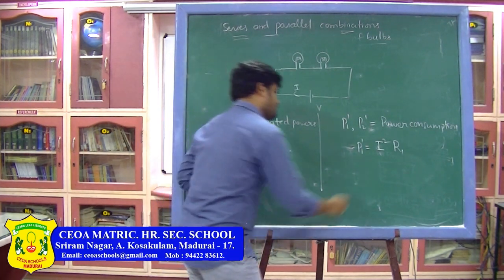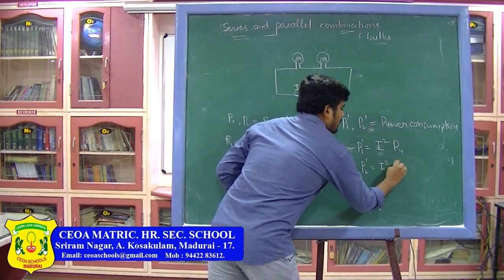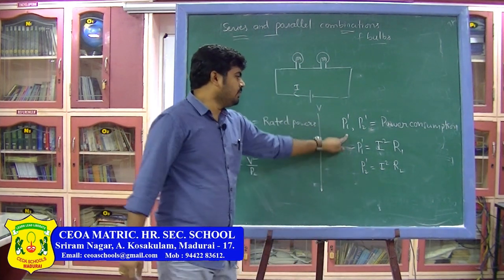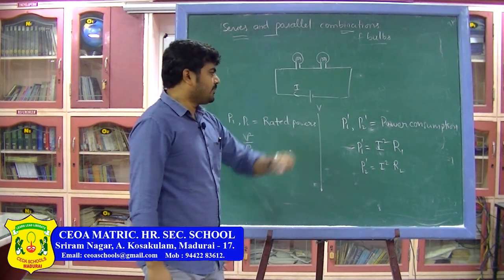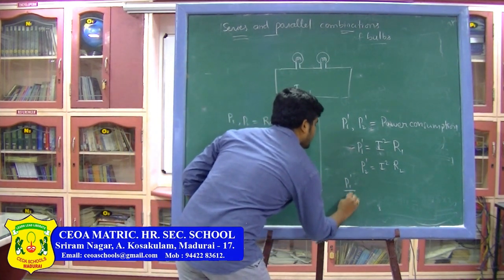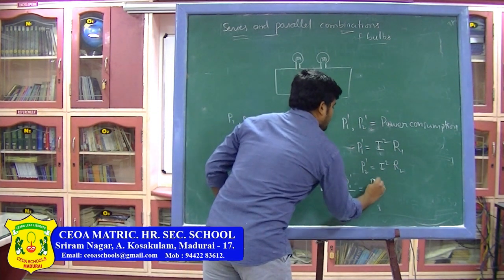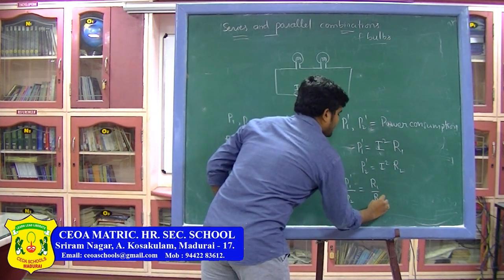Similarly, the power consumption by the second bulb, P2 dash, is equal to I square R2. Now take the ratio and compare the power consumption by both bulbs. P1 dash divided by P2 dash is equal to, I square will cancel, you will get R1 by R2.